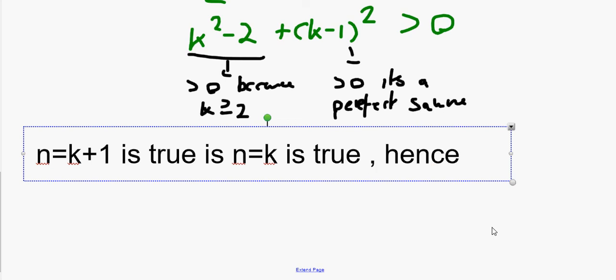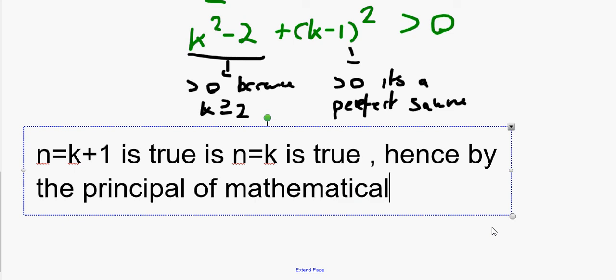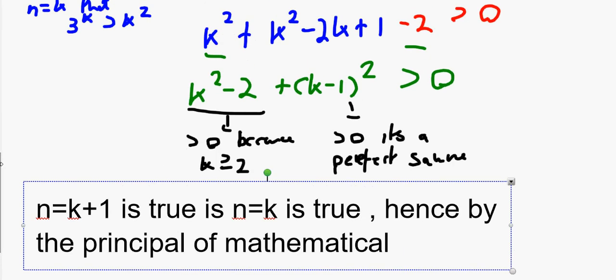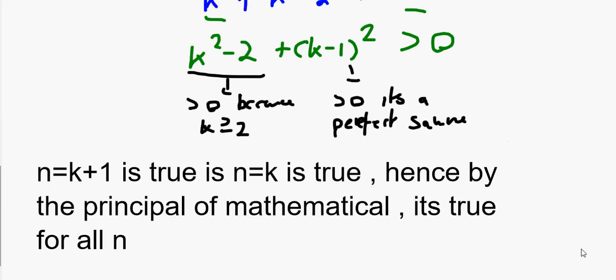Hence, by the principle of mathematical induction, it's true for all n greater than or equal to 2, n an element of the natural numbers. Is that alright with you guys?